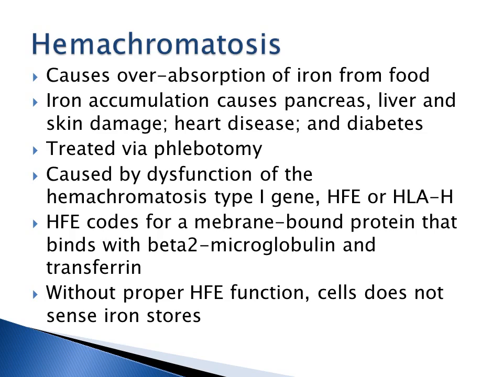It's caused by a dysfunction in the hemochromatosis type 1 gene, which is either called HFE or HLA-H. The HFE codes for a membrane-bound protein that binds with beta-2 microglobulin and transferrin. So without proper HFE function, the cell is not going to sense that it has iron, and so you're going to absorb more iron.